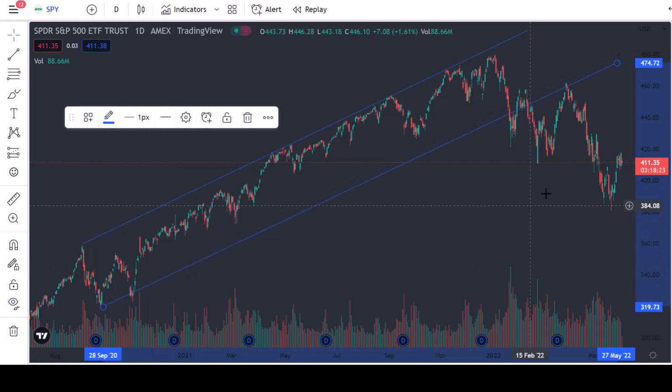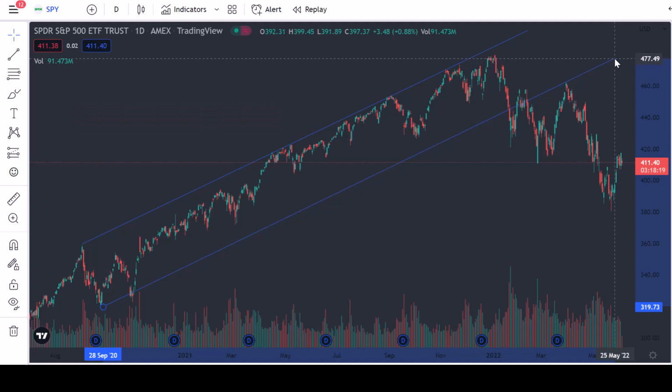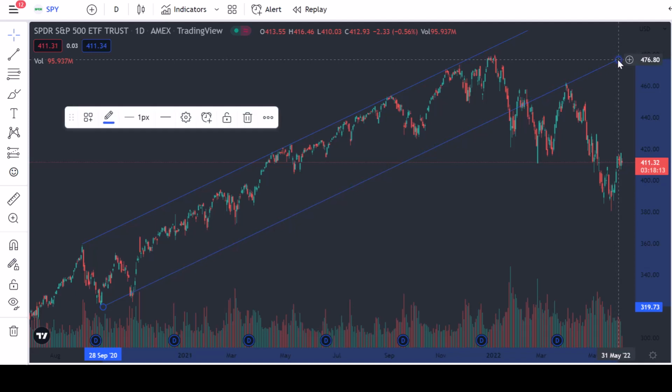Right about there. And normally channels are parallel. That's as parallel as I can get it just using my eye here, but as you can see, it ebbs and flows in this channel, kind of like a support and resistance channel, the upper level being resistance and this level being support.